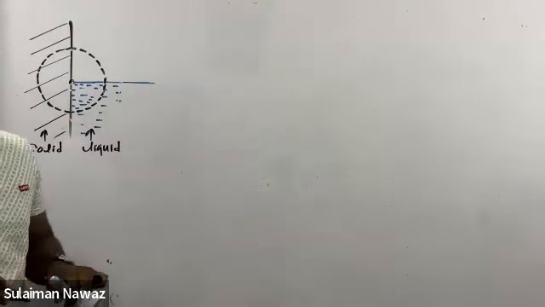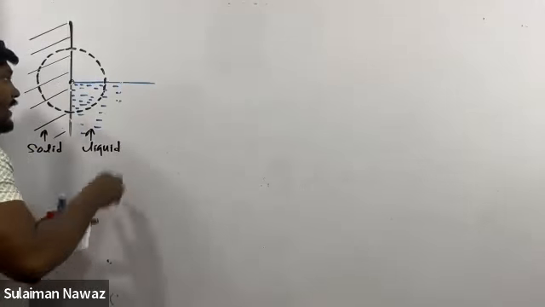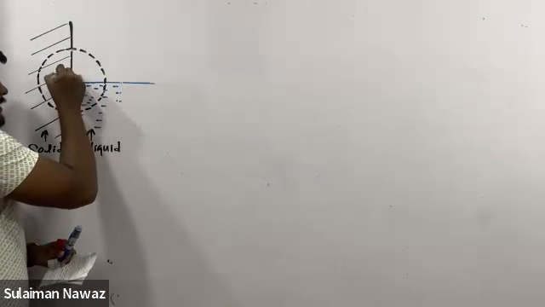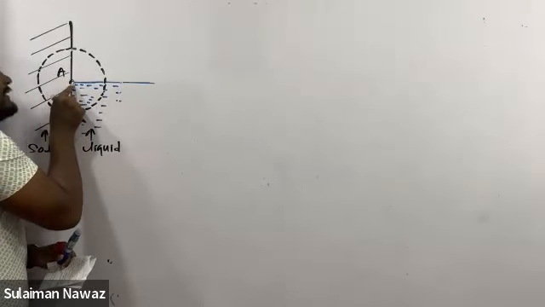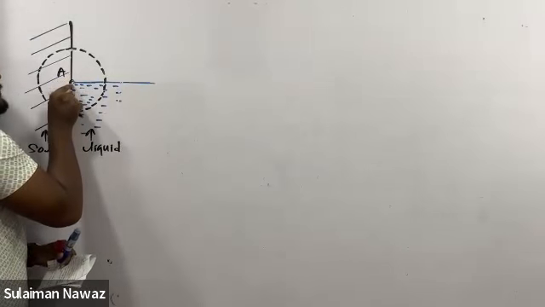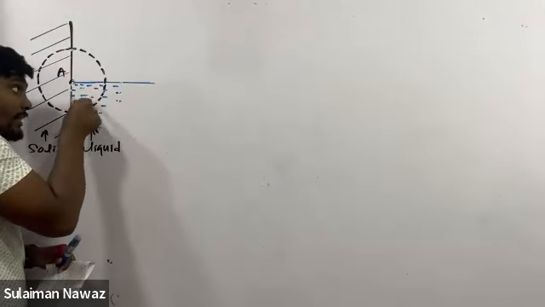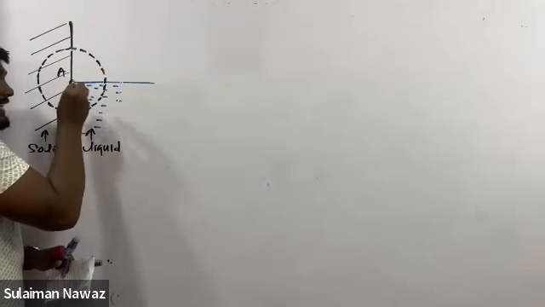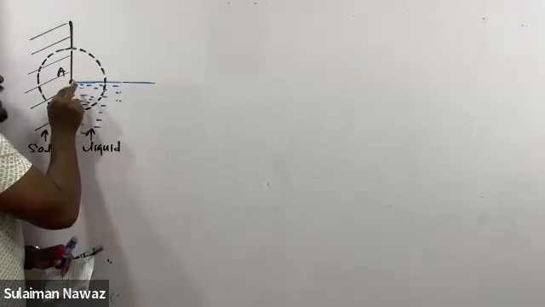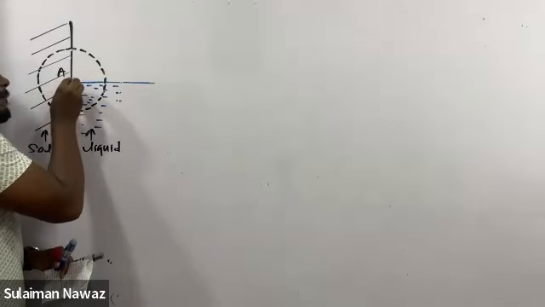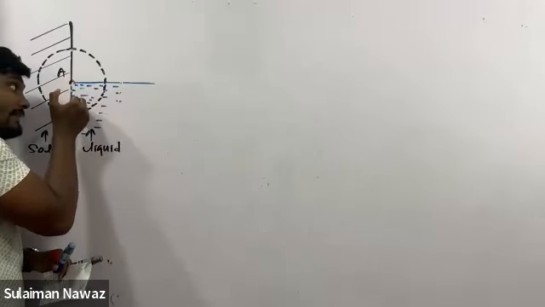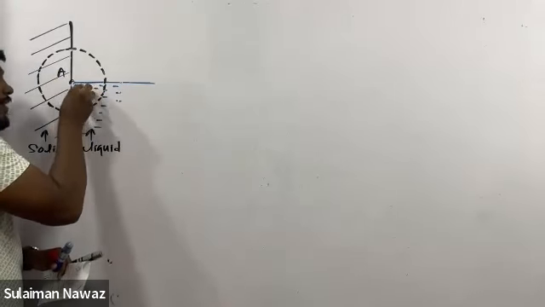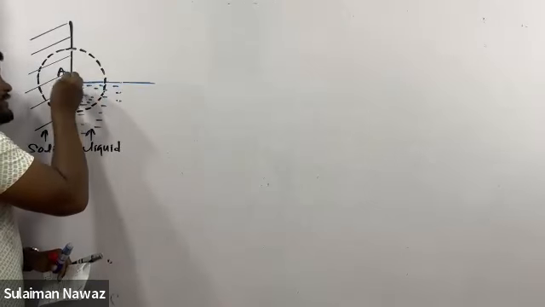Now this is liquid particle A. If I ask you, what is the resultant attraction force on liquid particle A by the liquid particles in the sphere of influence? What is the direction of the resultant attraction force on particle A by the liquid particles in this region?